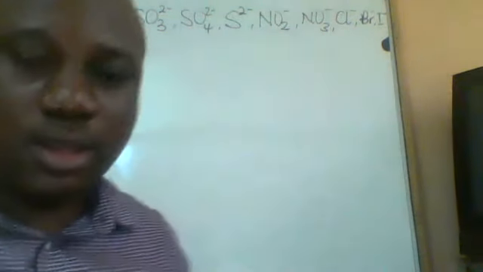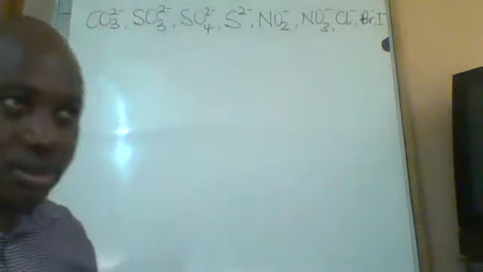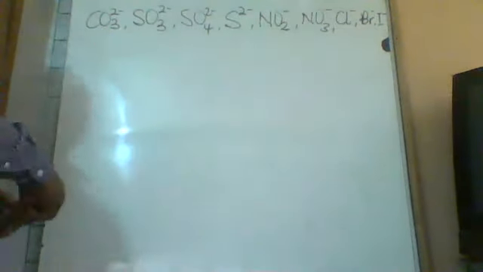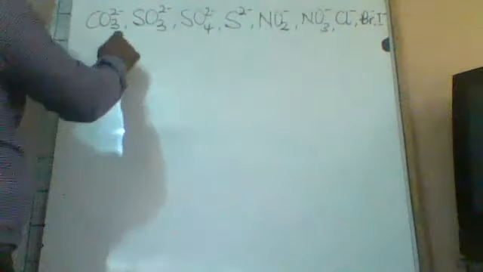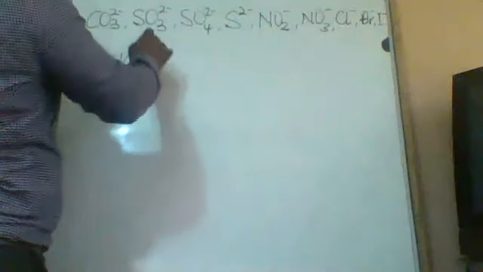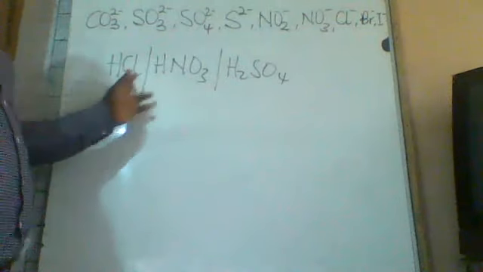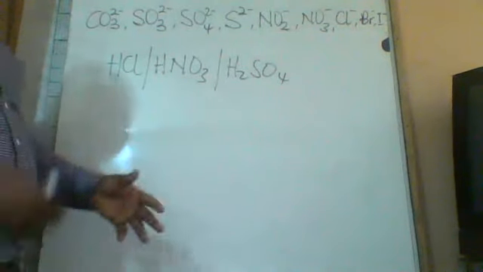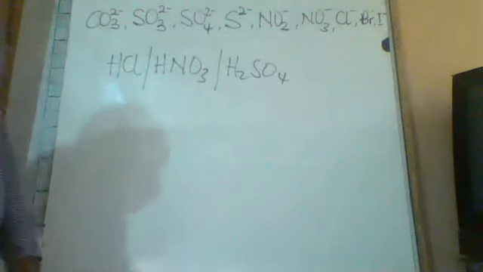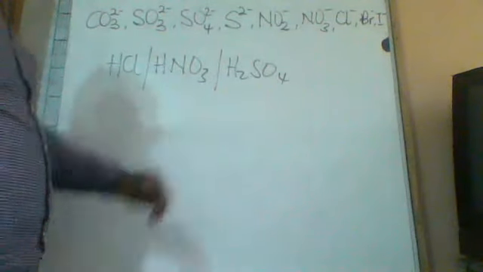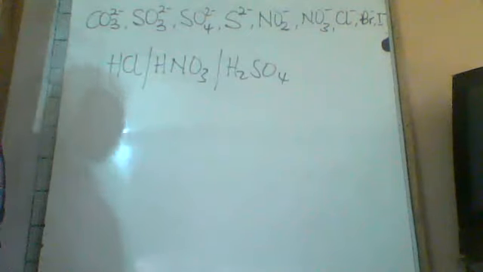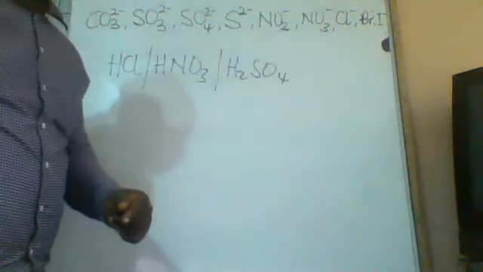Now, when it comes to the anions, the reagent that is used for the preliminary test is either HCl or HNO3 or sulfuric acid. Mostly HCl and HNO3 are used, but occasionally sulfuric acid too can be used. So these reagents are for the preliminary test.